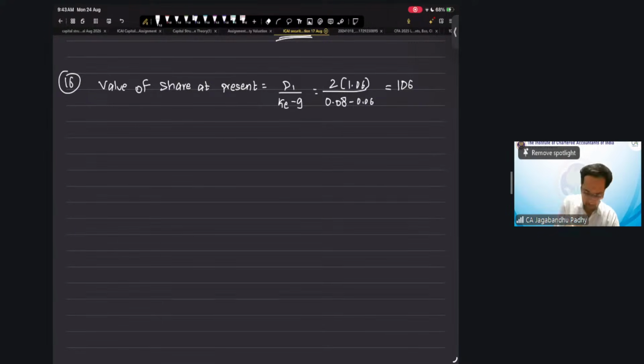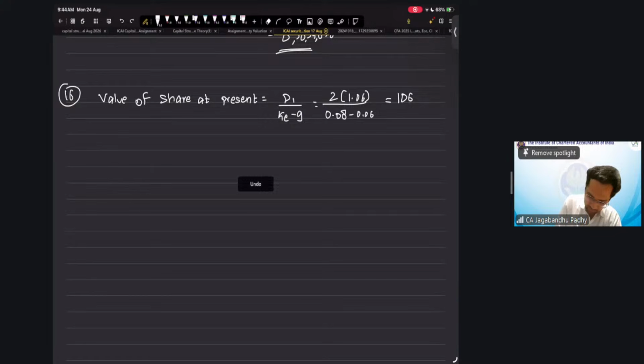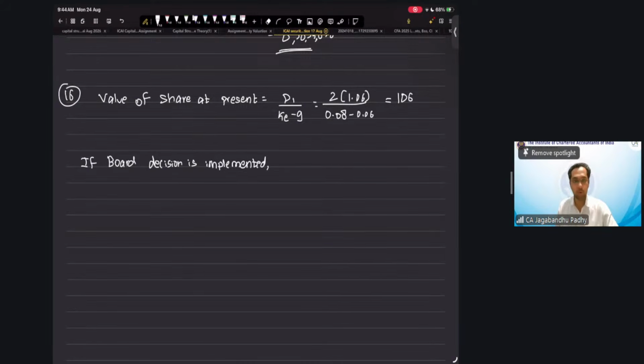Now, if the board decision is implemented, what is going to be the price of the share in the third year? Of course, D4 upon K minus g.